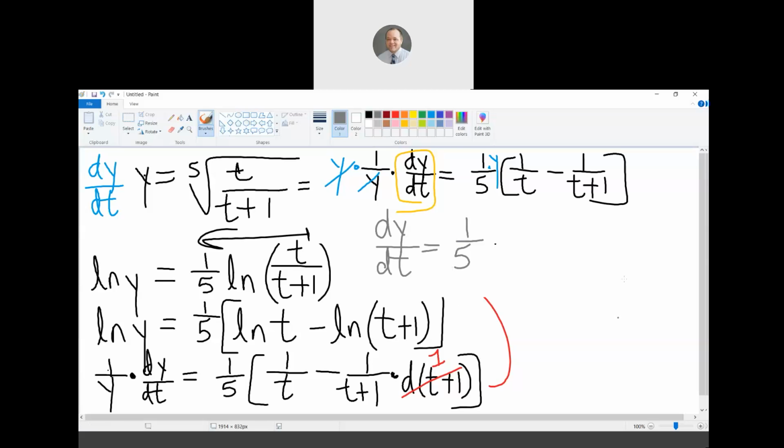Now, rewrite that y. y was originally equal to our given fraction, so replace this y with that: the fifth root of t over t plus 1, times 1 over t minus 1 over t plus 1.